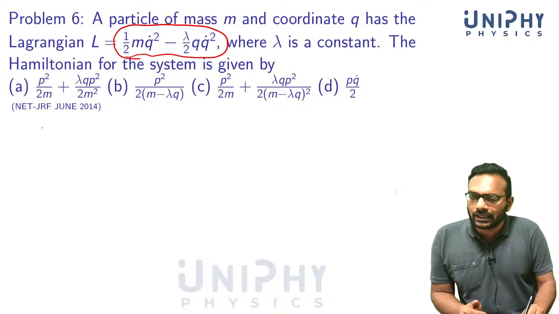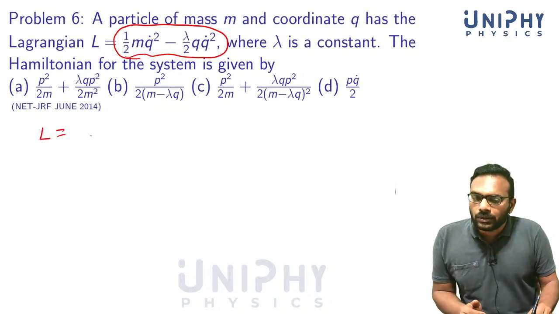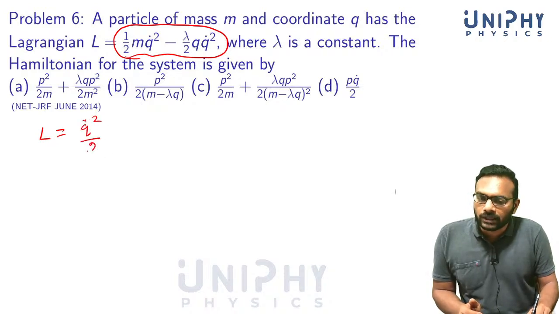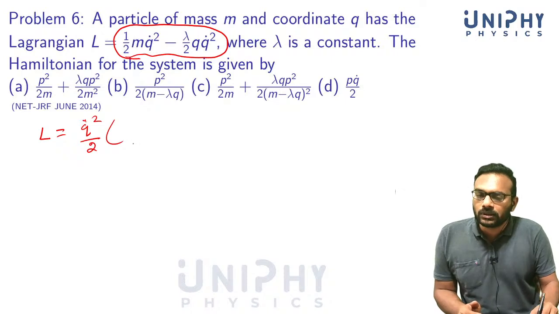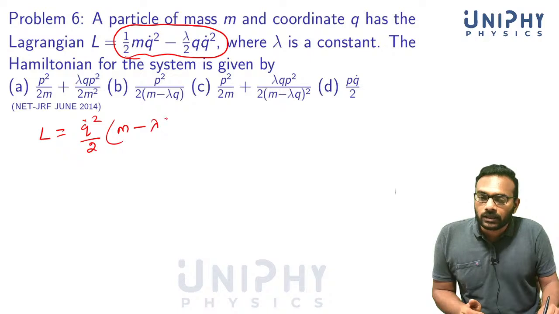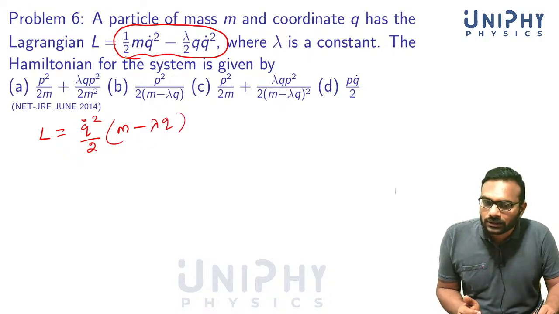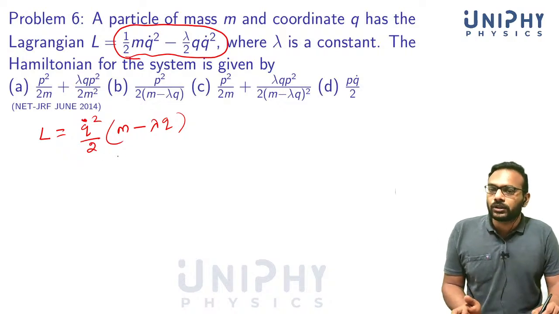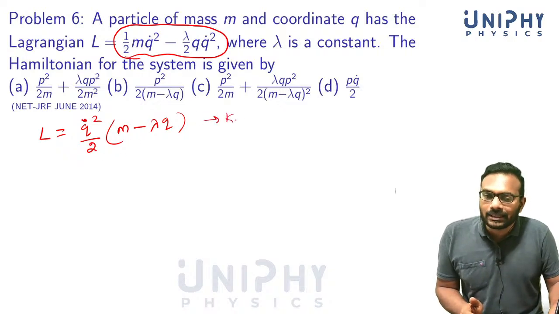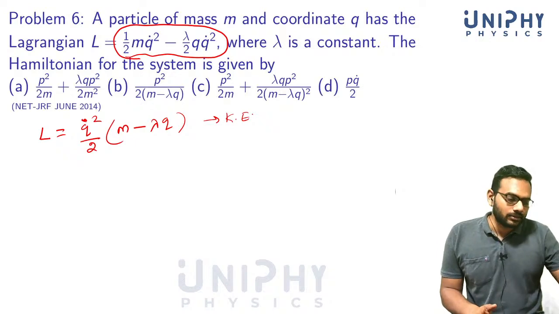So the Lagrangian L equals half q dot square times m minus lambda q. This is quadratic in q dot, which means it is a kinetic energy term, and there is no potential energy term.